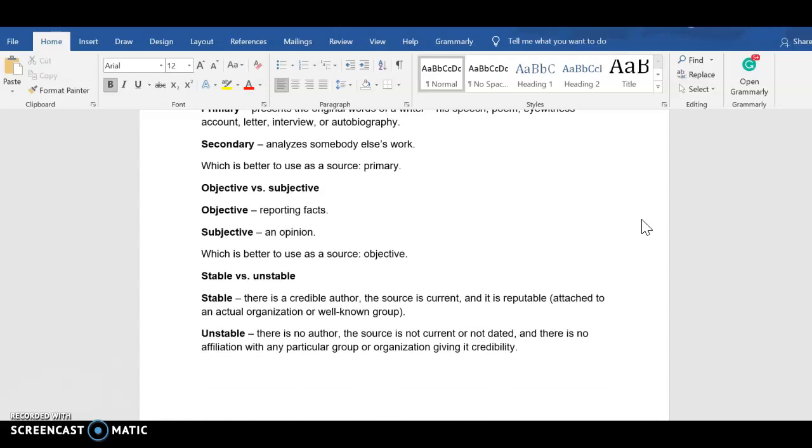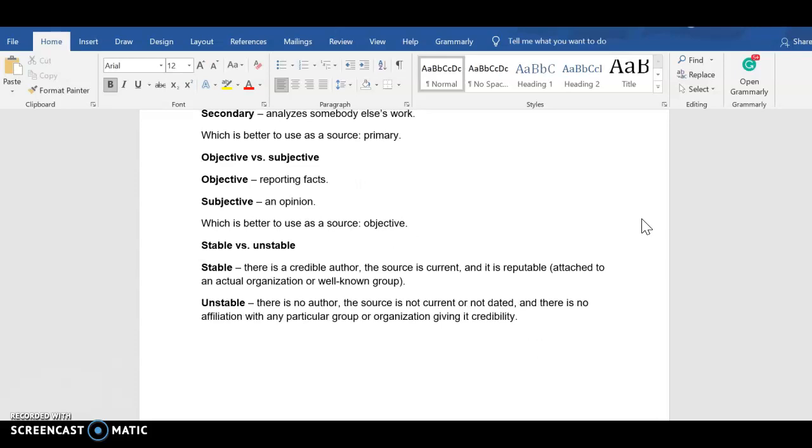Stable versus unstable. Stable, of course, there is a credible author, the source is current, it is reputable, so it's attached to an actual organization or a well-known group. Of course, that's what we're always looking for. We don't want something that's unstable, where basically that has no author, the source isn't current on its date, and then maybe there's no affiliation of any type of particular group or organization giving it credibility.